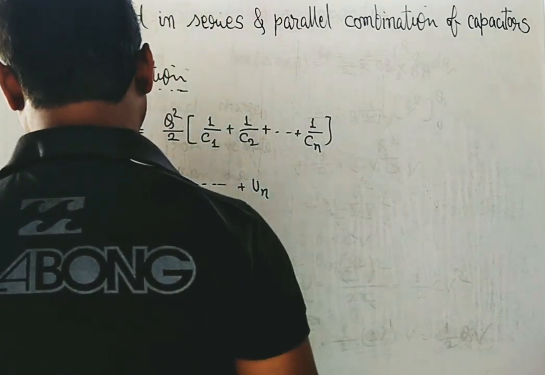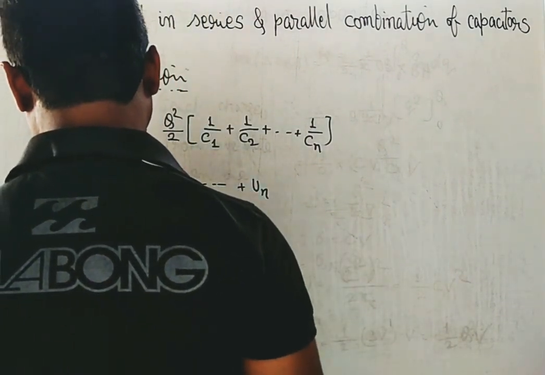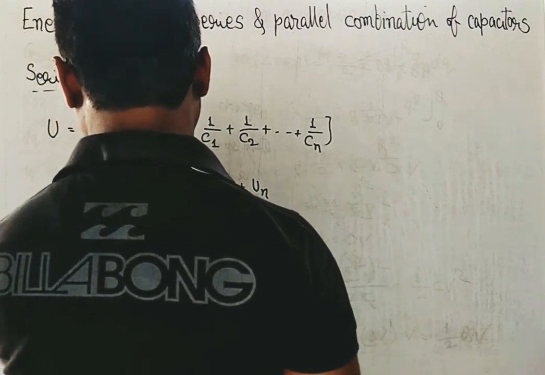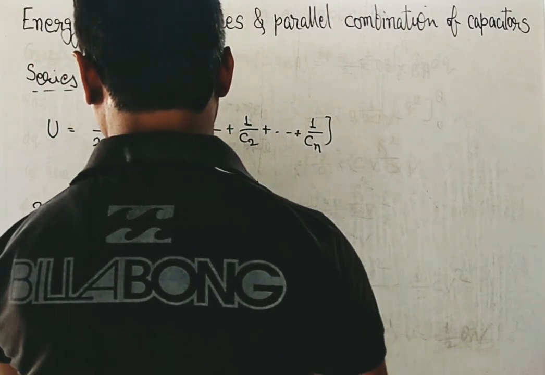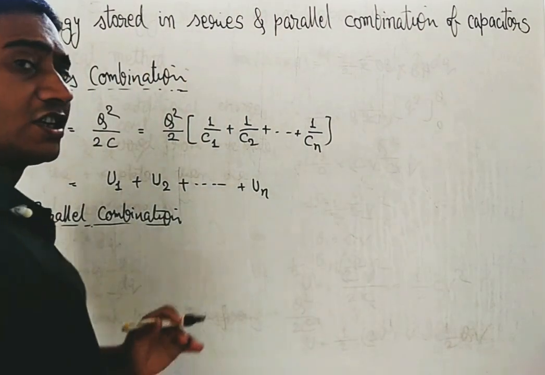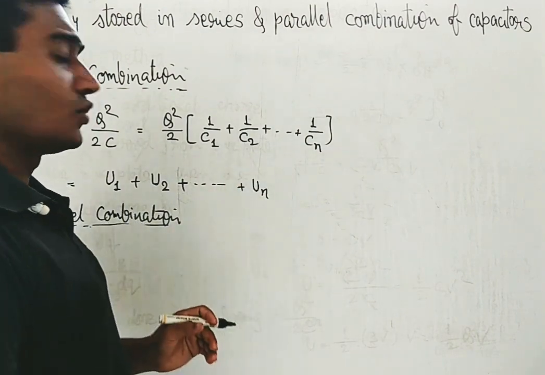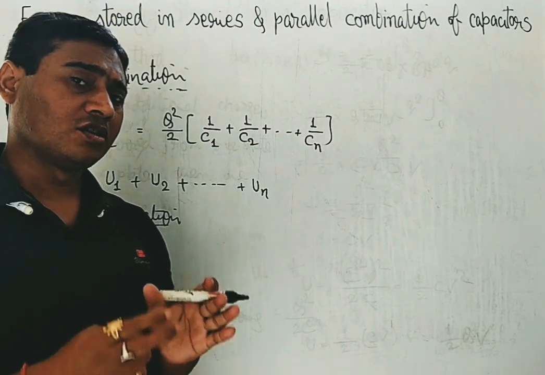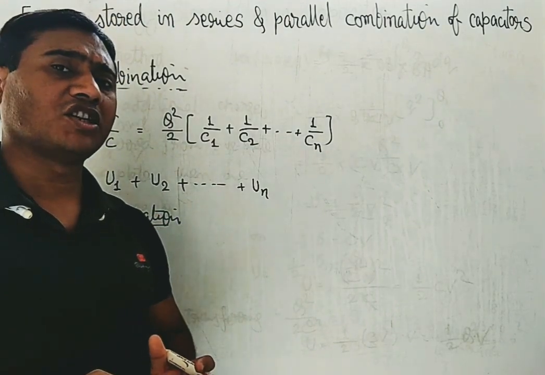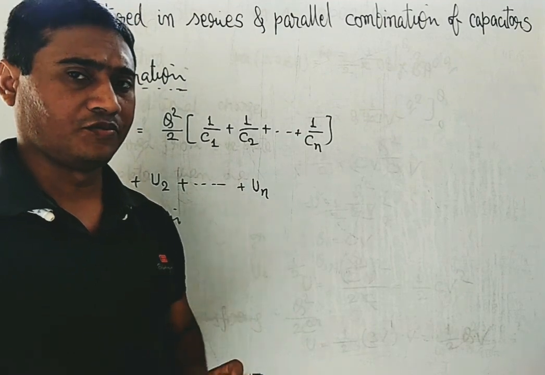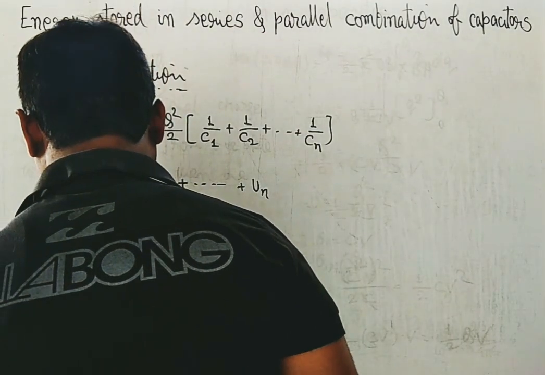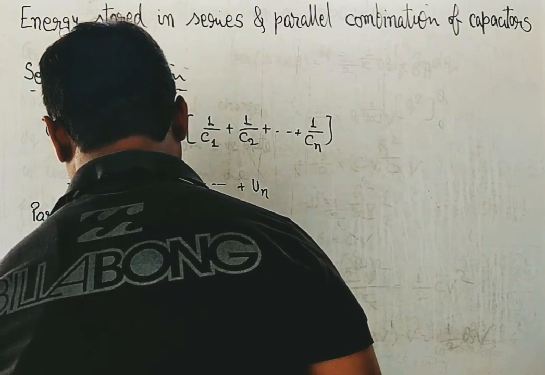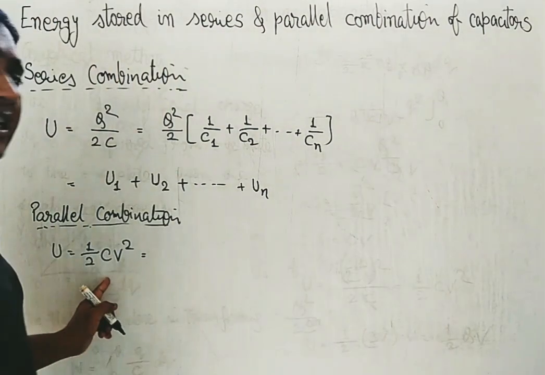So let's proceed with parallel combination. Again we have those n capacitors, now connected in parallel. In case of parallel combination, what remains constant across all capacitors in the combination is the electric potential. So here we will be using the form U equals half C into V square. Now what is C?